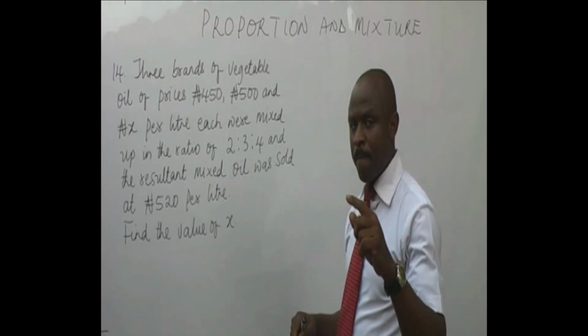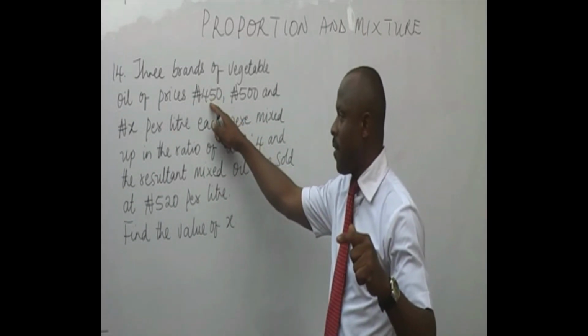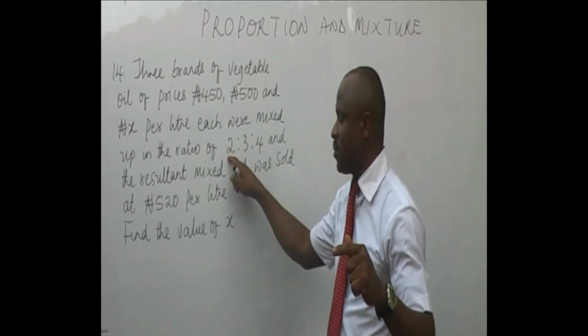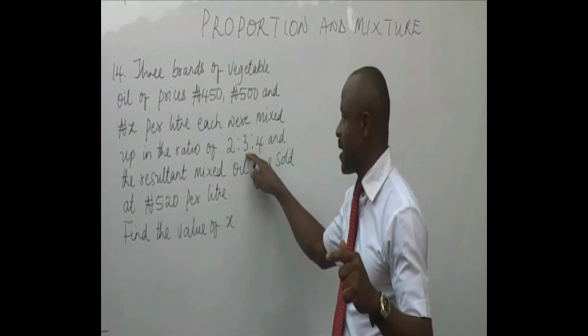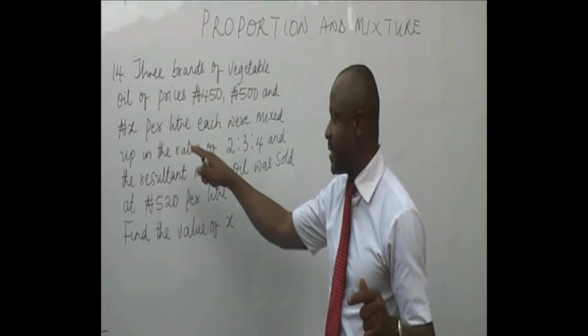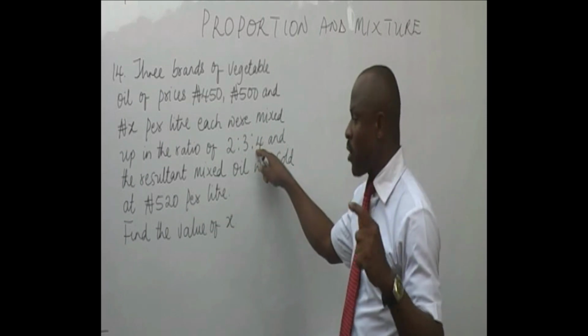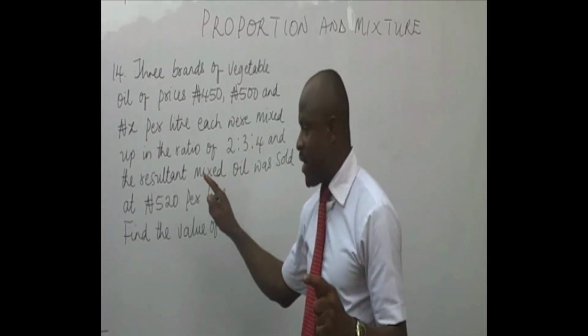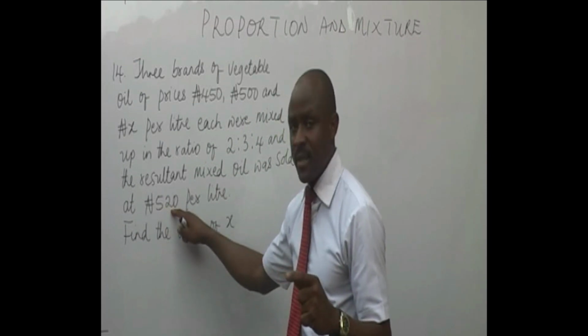That means the price of the first brand is 450 times 2. The price for the second brand is 500 times 3. For the third, which we don't know, is X times 4. All of them will be equal to, when it was mixed, each liter was sold for 520.